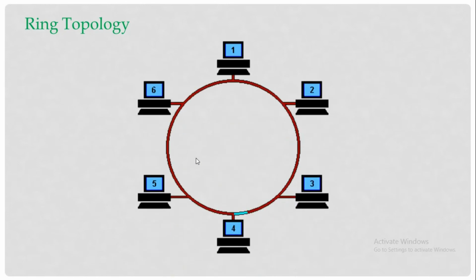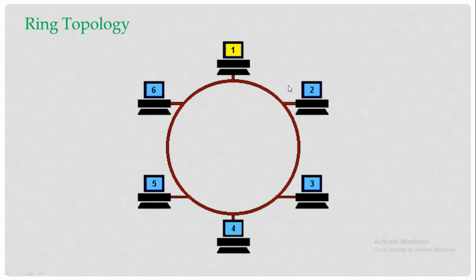And next is ring topology. In a ring topology, each and every individual system will be connected with two other systems. When you have to form a network with 6 different systems or 100 different systems, you should form a ring-like structure. What do you mean by a ring-like structure? If a system is connected in a network, it should be connected with two different systems.